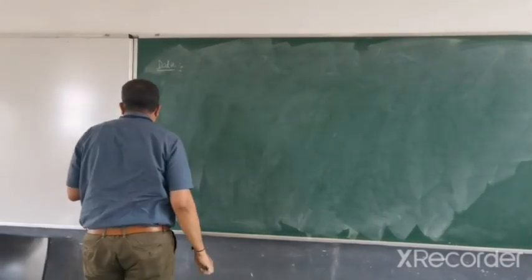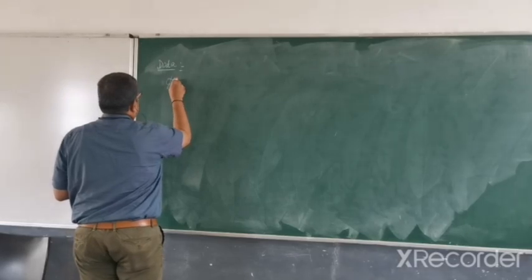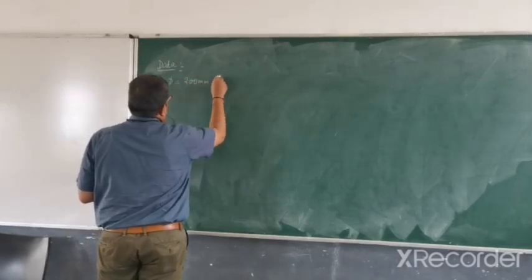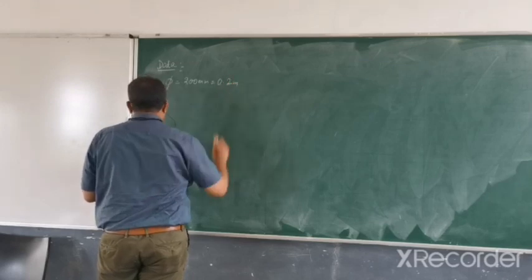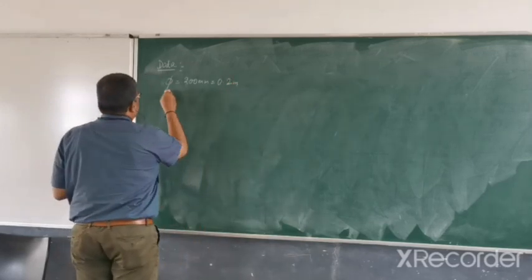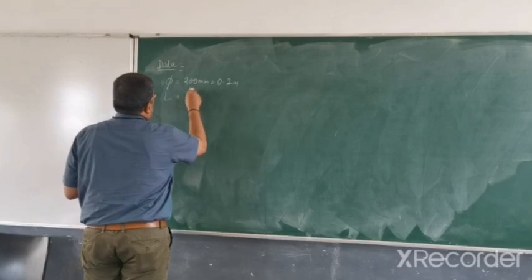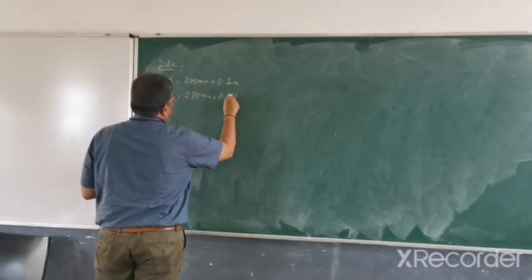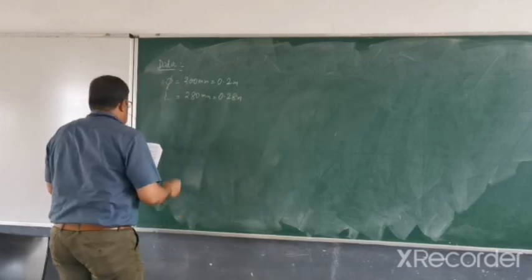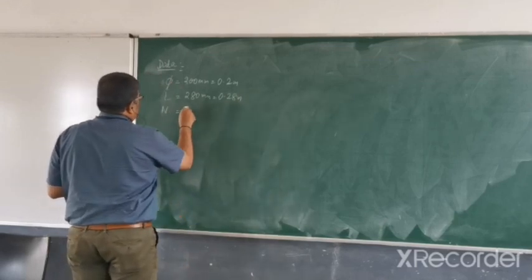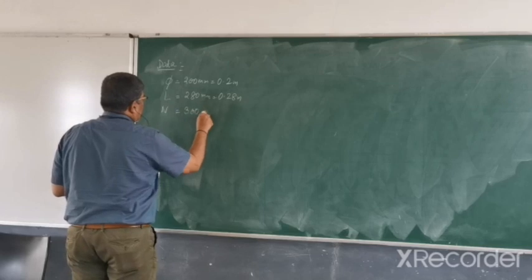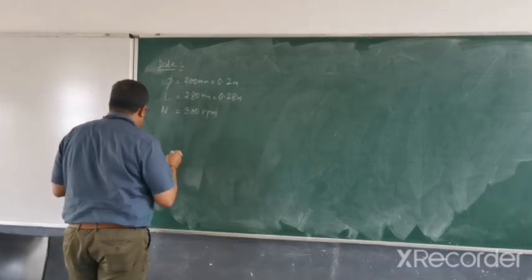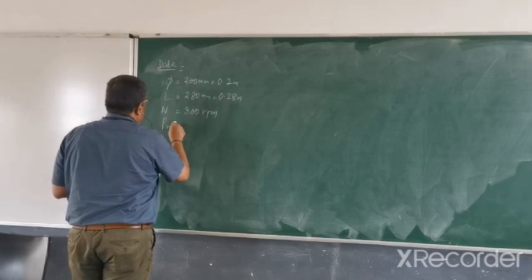Okay. So we have a bore diameter as 200 mm, which is nothing but 0.2 meters. Then the stroke is 280 mm, that is L, which is nothing but 0.28 meters. Then engine RPM is given as 300 RPM. Mean effective pressure is given in bar, so it is 5.6 bar.